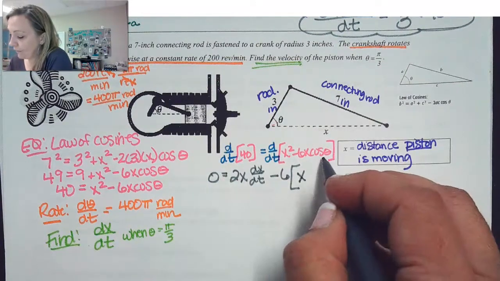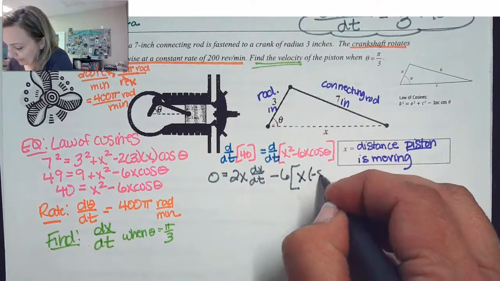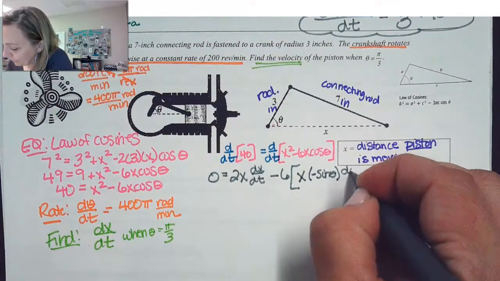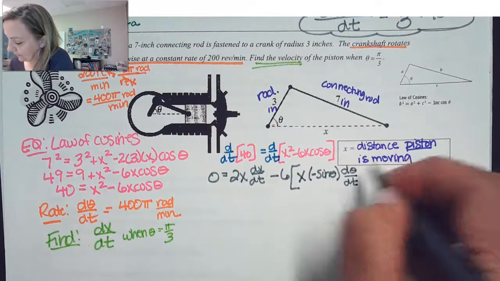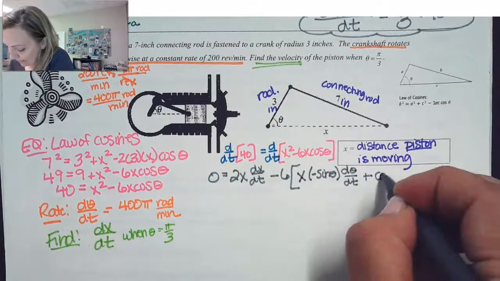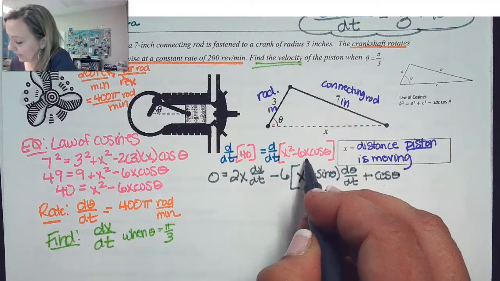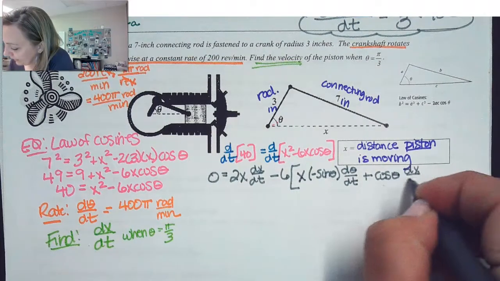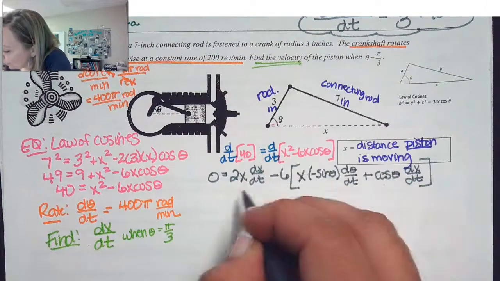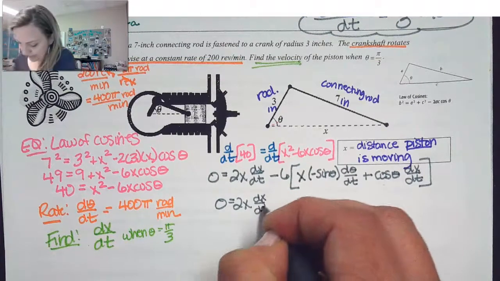The derivative of cosine theta is negative sine theta, but with respect to t, I need to include the d theta/dt, and then plus cosine theta times the derivative of x with respect to t, which would be dx/dt.